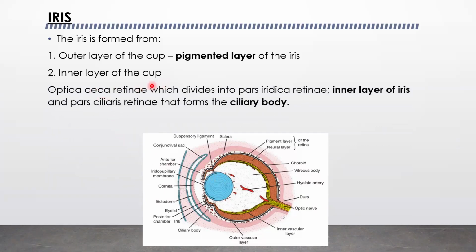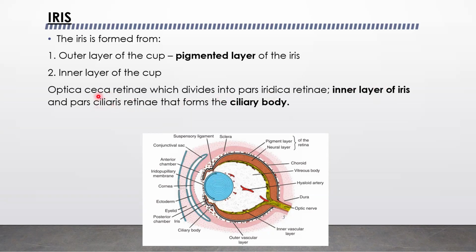So the inner layer of the cup develops from the optic retinae, which divides into pars iridica retinae and pars ciliaris retinae. This is the point where you talk about the optic retinae. Pars iridica means the iris part of the retina, the anterior part of the neural layer, which is now the inner layer of the iris.